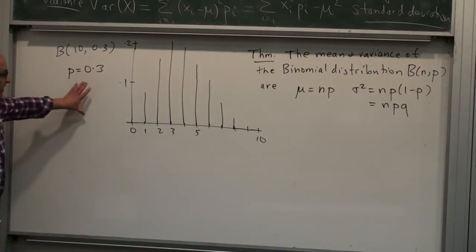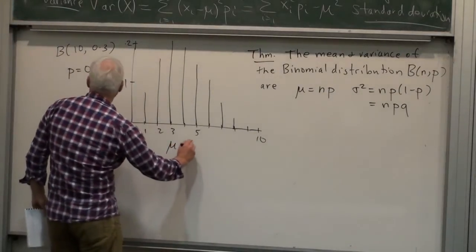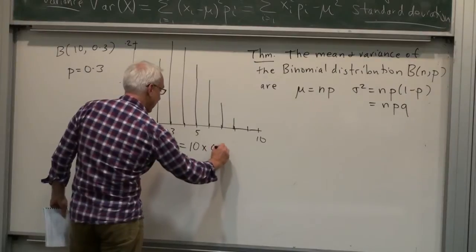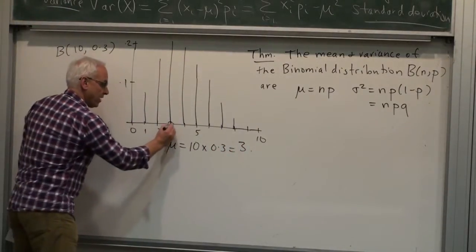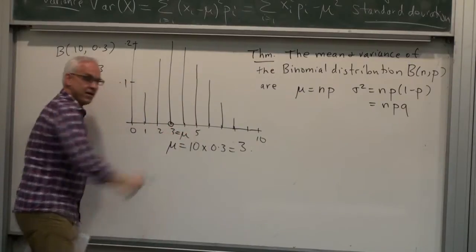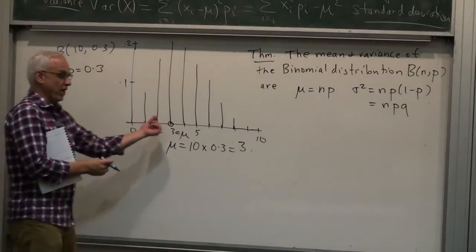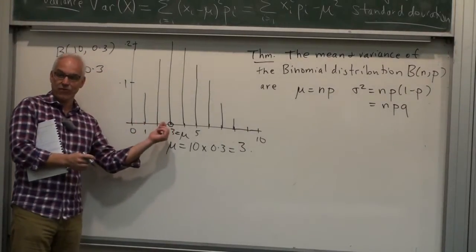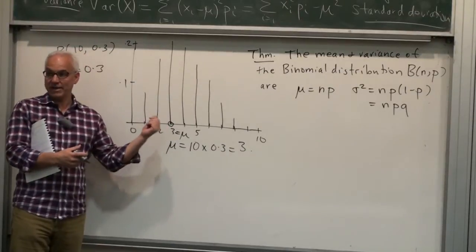So for example, in this situation, the mean would be 10 times 0.3, which would be 3. So this value here is actually the mean. That's actually the place where the whole thing balances. That's your average number of heads that you're going to get if you play this a long time.